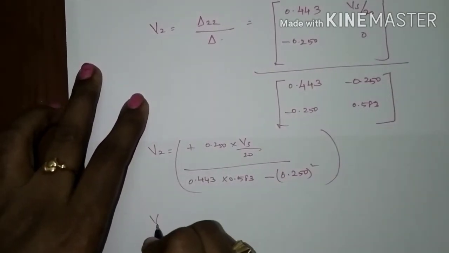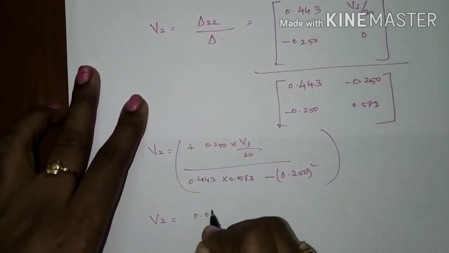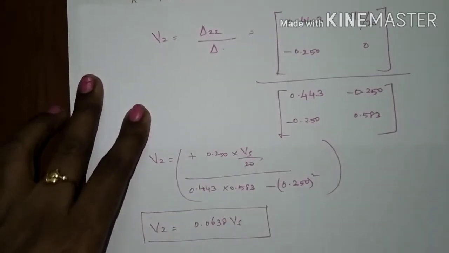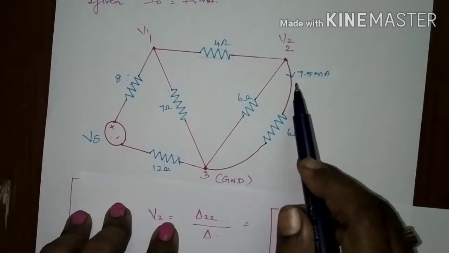On expanding this, we will get the V2 value as 0.0638 Vs. V2 in terms of Vs is 0.0638 Vs.